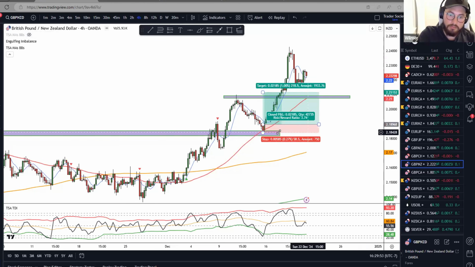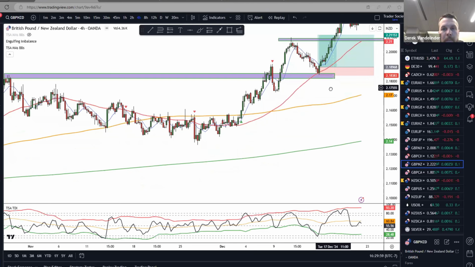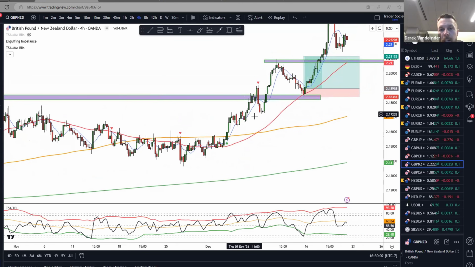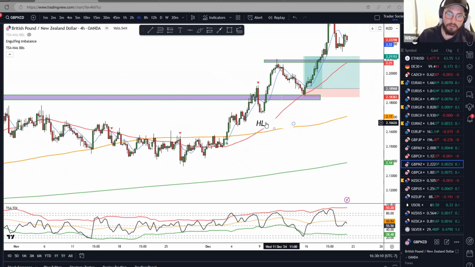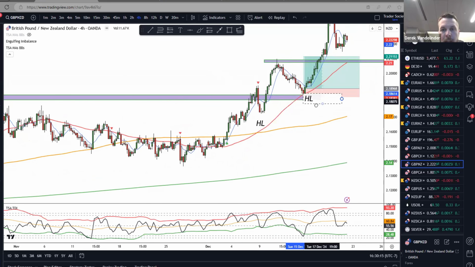So right here, since we're going to the upside, you would be looking for higher highs and higher lows, right? So we have a higher low right here. I'm just going to do HL for higher lows. We have a higher low right here.